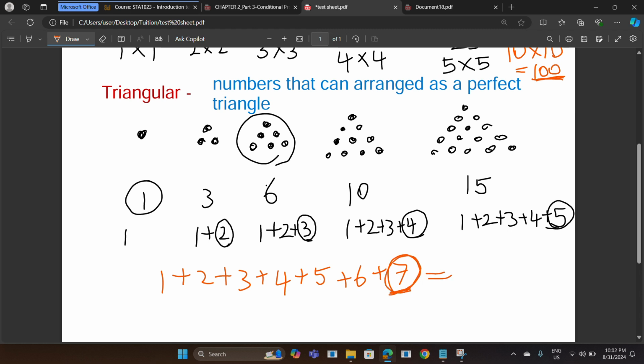So the answer is 28. When we add up these numbers together, we obtain 28.